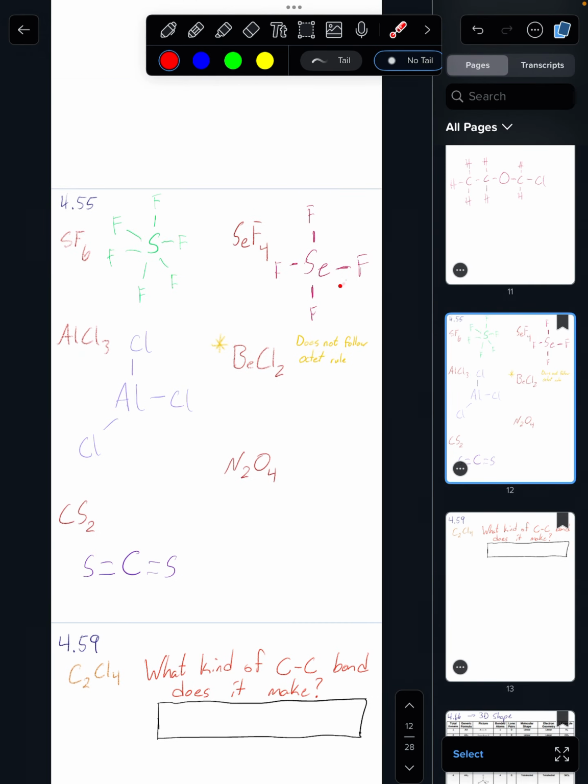Okay, so it only has 1, 2, 3, 4. But there's nothing else in this formula that it can connect to. So then we know it's going to have a lone pair.